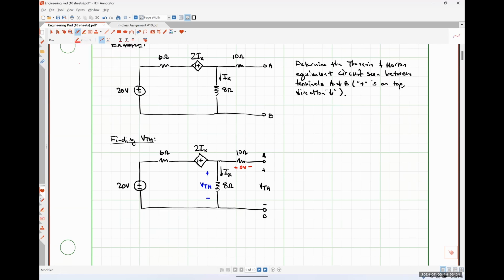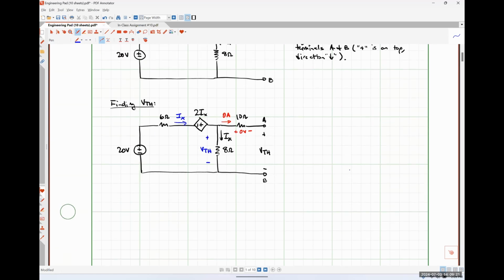Just to make things incredibly clear here, we are saying that no current can branch off and flow to the right through the 10 ohm resistor because it's not a closed path. So that means that the current flowing through this region of the circuit must also be Ix.